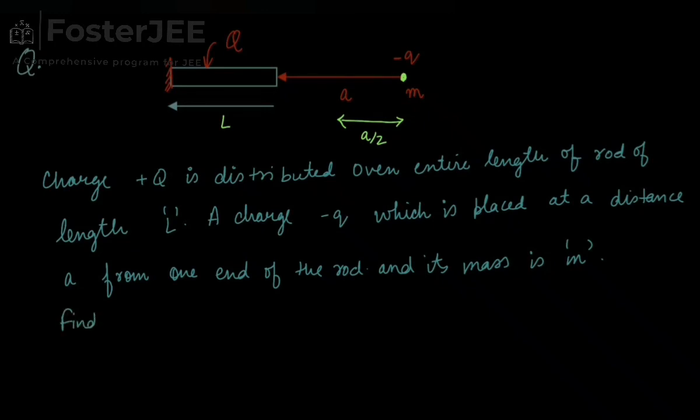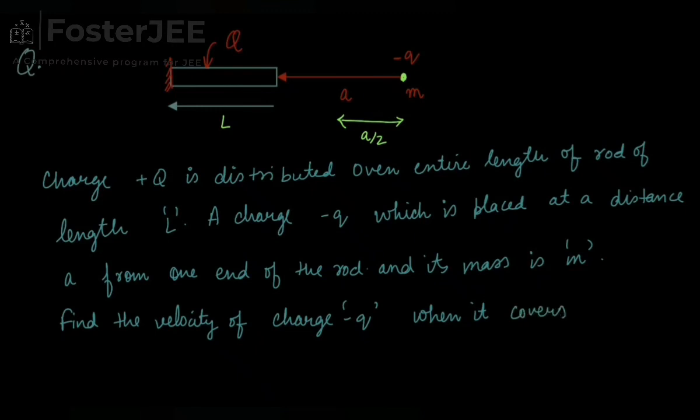Find the velocity of charge minus Q when it covers half of the distance, that is a by 2, and also the rod is fixed.